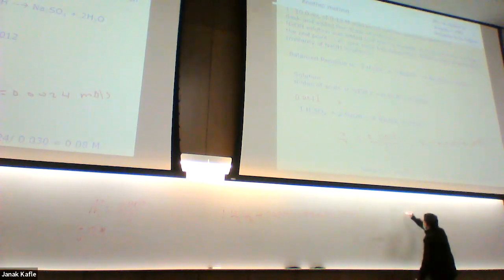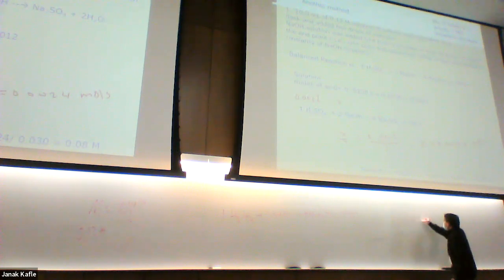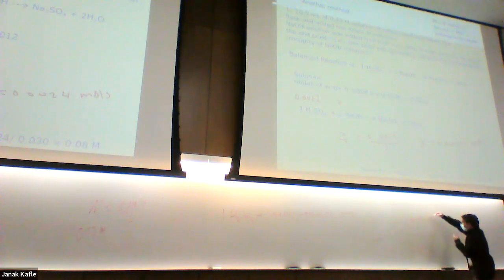So 1 liter is equal to 1000 milliliter. The milliliters cancel, so that comes to be 0.010 liter.